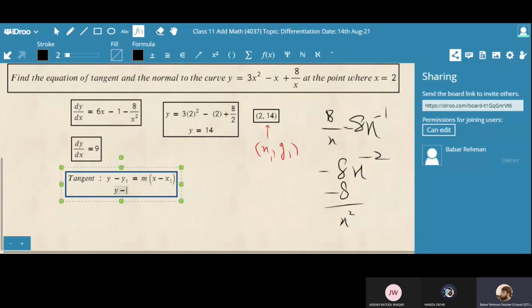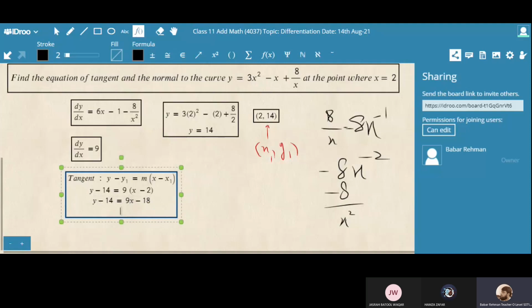If this is negative 14, it will be positive 14 here. Is equal to, what is gradient? Gradient is 9. You substitute x and y the same, but input only x1 and y1. What is the value of x1? 2. The next equation: y minus 14 is equal to 9x minus 18.